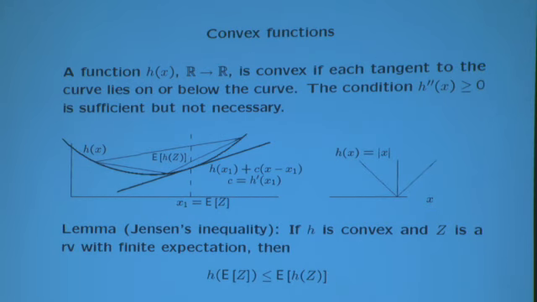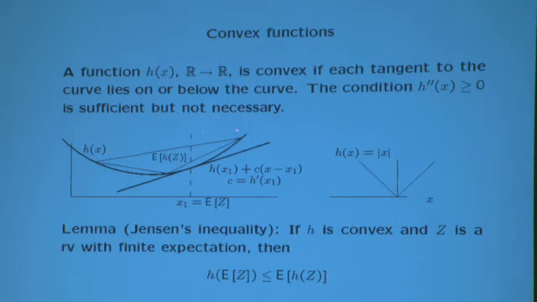The lemma is Jensen's inequality. It says if h is convex and Z is a random variable of finite expectation, then h of the expected value of Z is less than or equal to the expected value of h of Z. This seems sort of obvious, perhaps. It's one of those things which either seems obvious or it doesn't seem obvious, and if it doesn't seem obvious, it doesn't become obvious terribly easily.